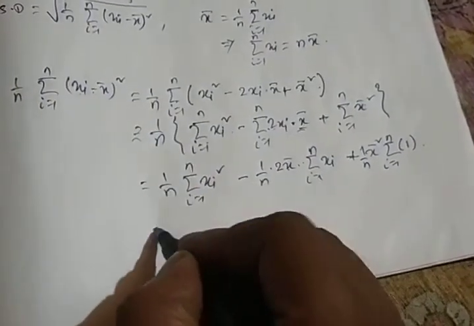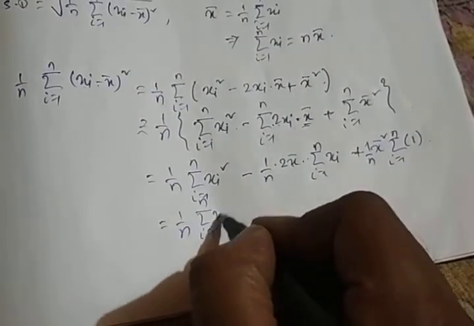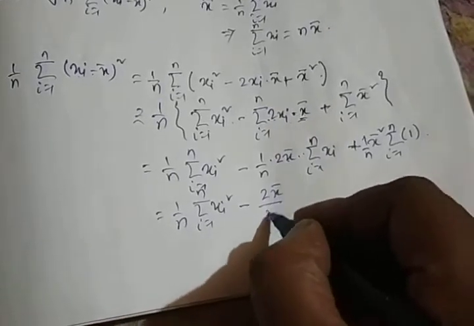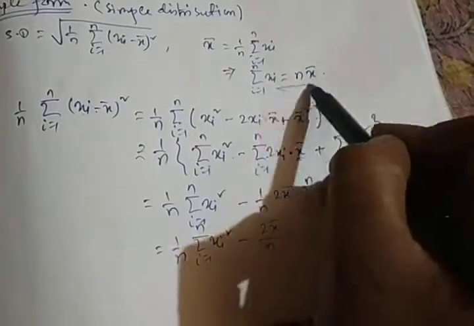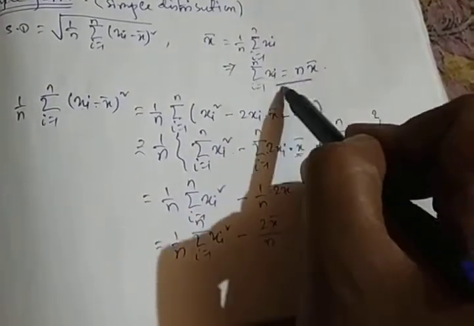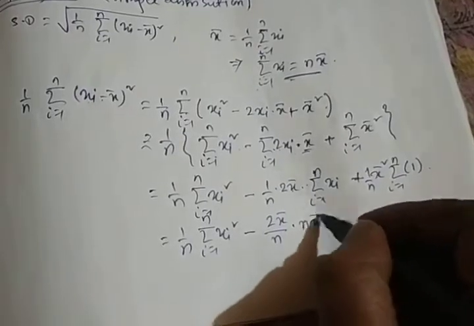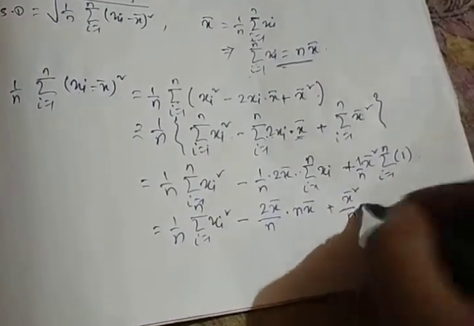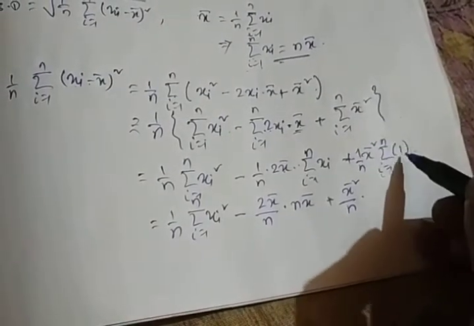Okay, so we get 1 by n summation i equals to 1 to n xi square minus 2 x bar by n into, now using this formula here, summation i equals to 1 to n xi equals to n x bar. So we can put n x bar in this term. So n x bar plus x bar square by n into, here it is summation i equals to 1 to n 1.